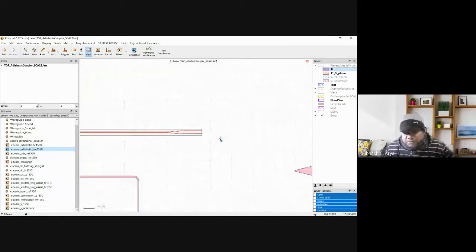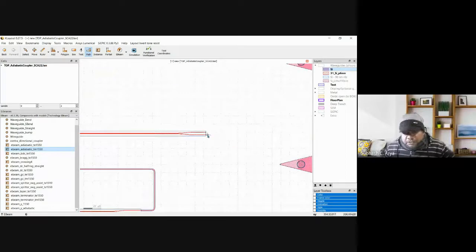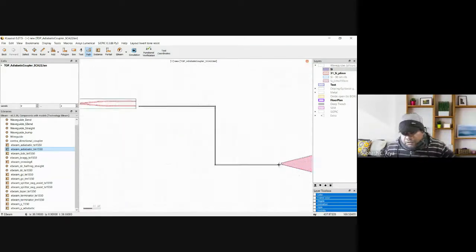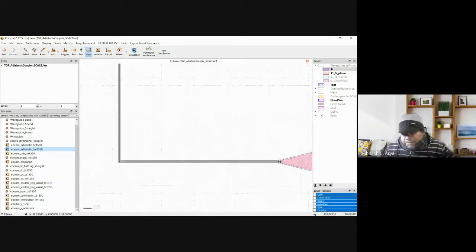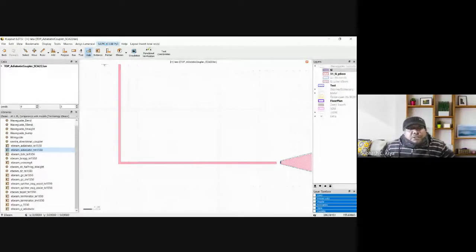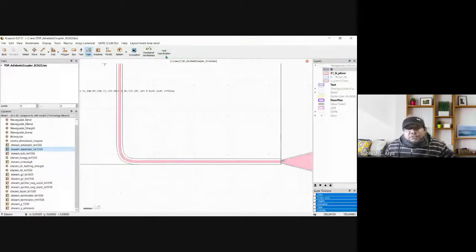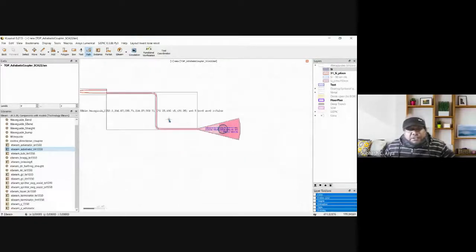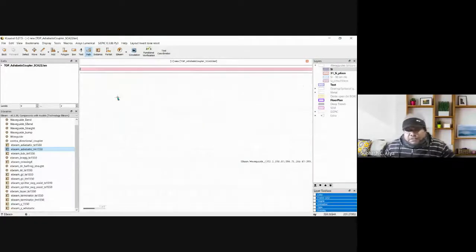Control F. Let me connect this here and here. So this path should be right, but I think it has taken the same radius.